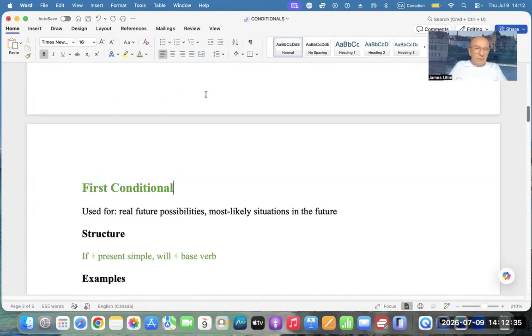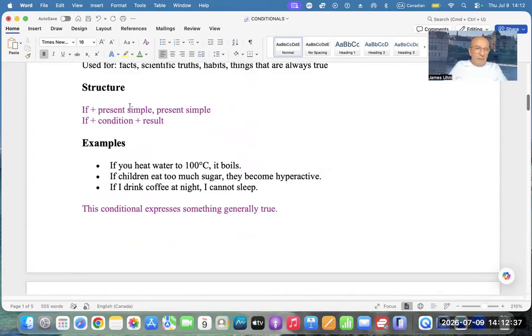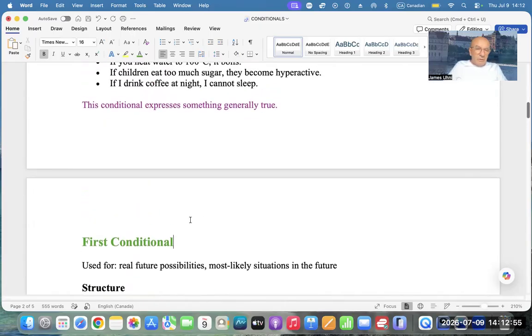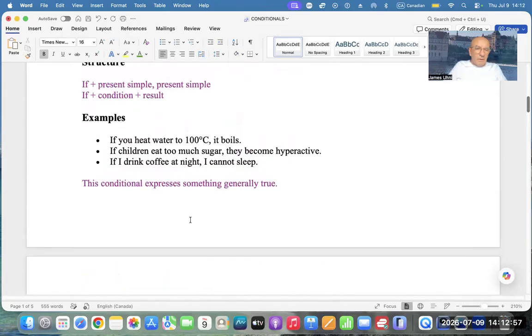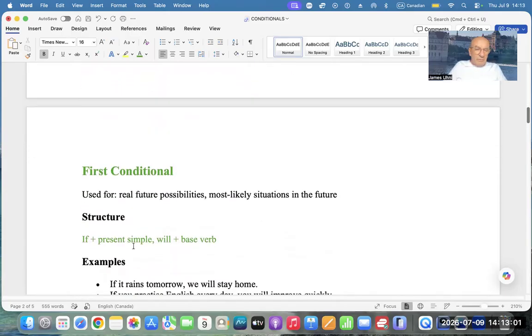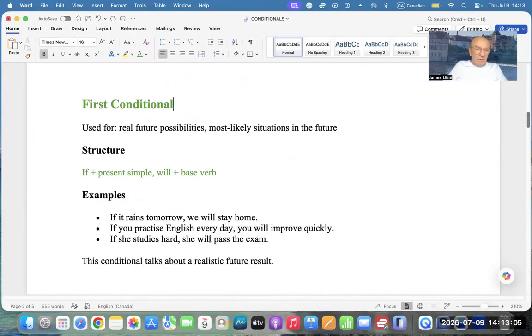So if we look at this structure for the zero conditionals, the first conditional has if plus present simple, will plus base verb. So here we have present simple, and here we have present simple and will and base verb. So let's see.